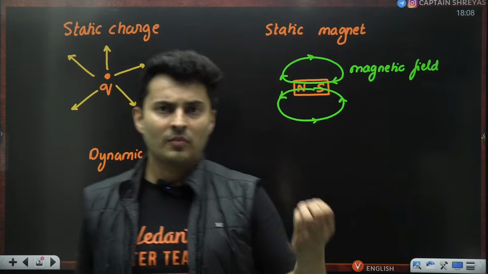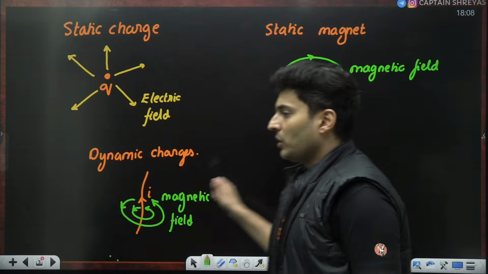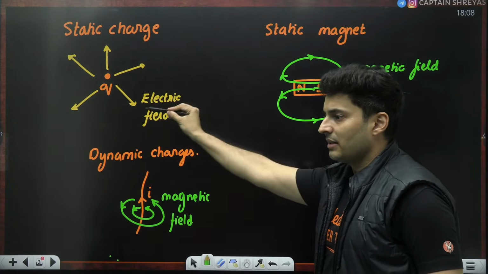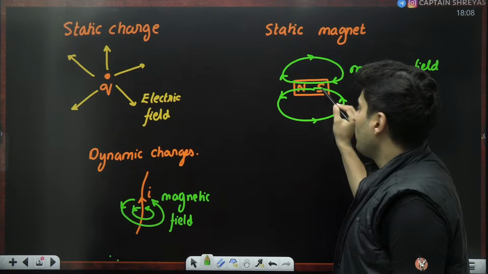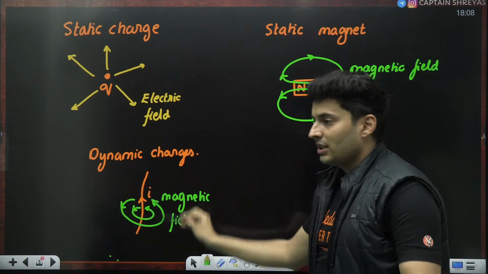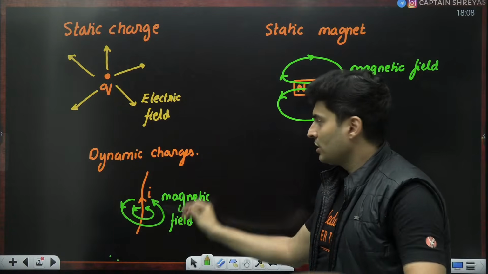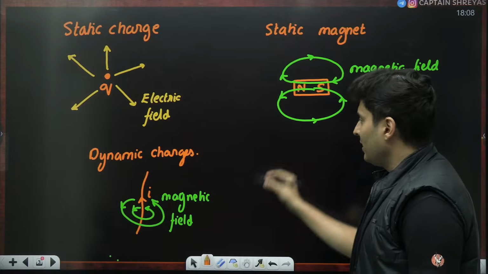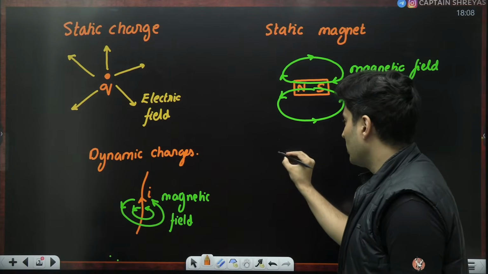The magnetic field you can also find using Biot-Savart's law and other things in magnetism. So the only missing part of the puzzle: static charges give electric field, static magnets create magnetic field, and the same charge when it moves, current being the flow of charge, produces magnetic field. The missing part of the puzzle, you can guess it and put it in the chat box.